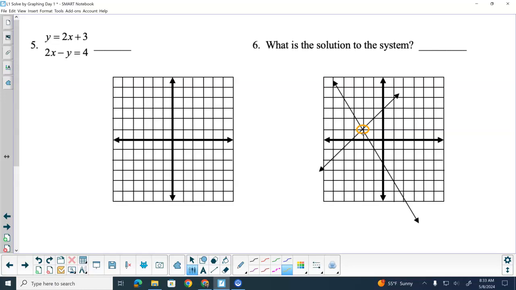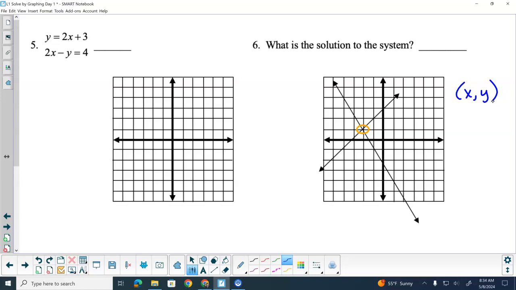X comma y. Yep, I want my point, remember, because points are x comma y. So, what is that circled point? x would be, I need numbers here now. Oh, numbers. Yes.